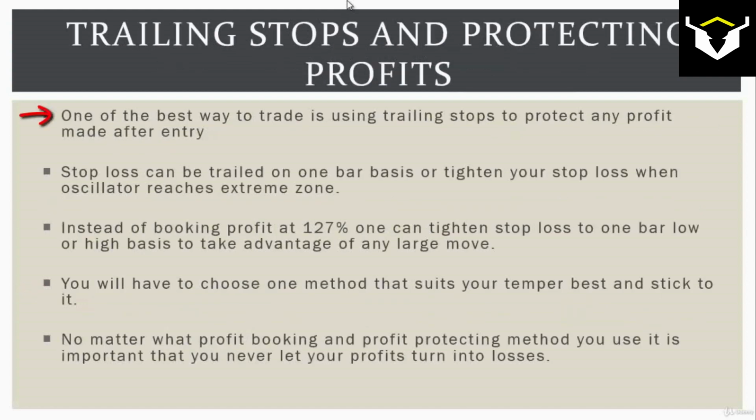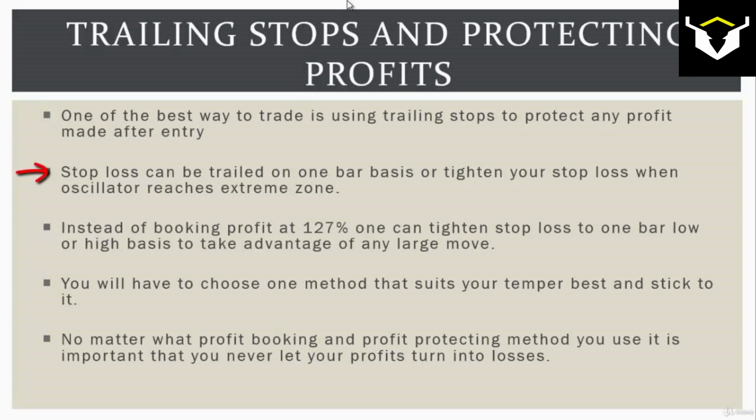One of the next most important points to learn and to incorporate in any trading method is trailing stops and protecting any profit that is made. One of the best ways to trade is using a trailing stop to protect any profit made after entry.